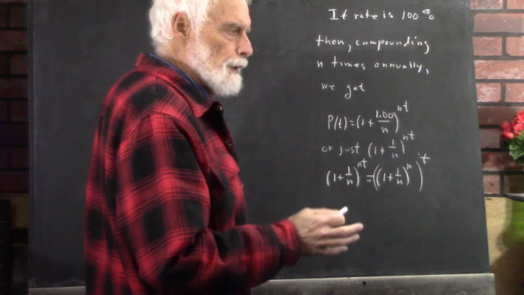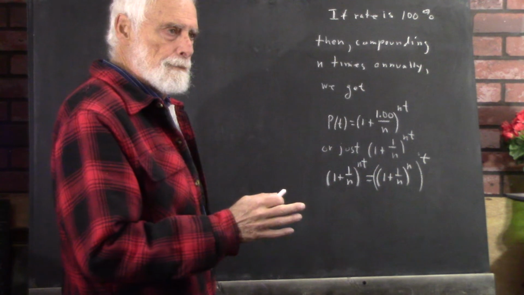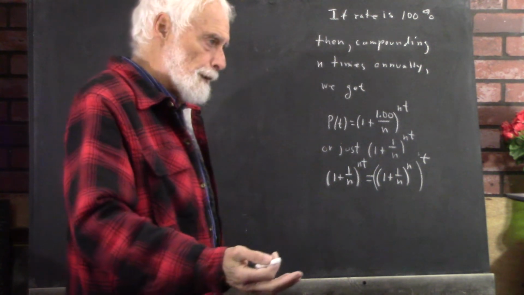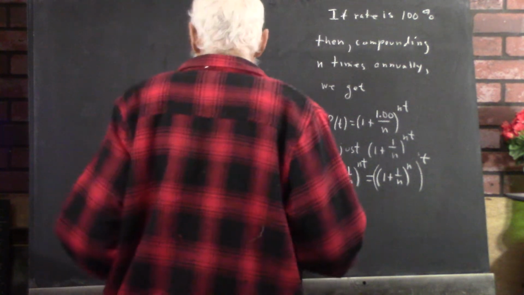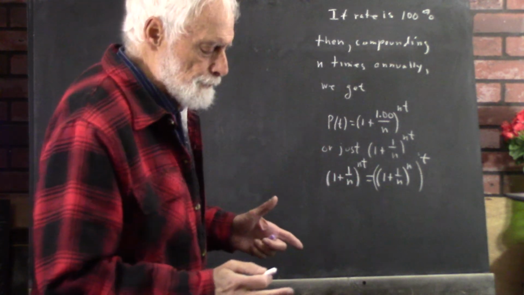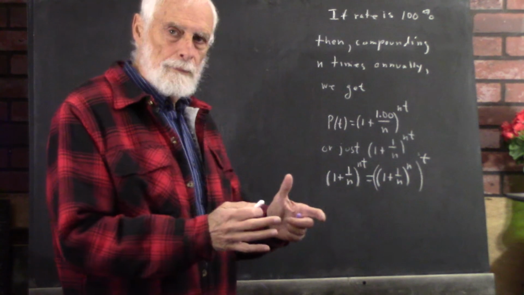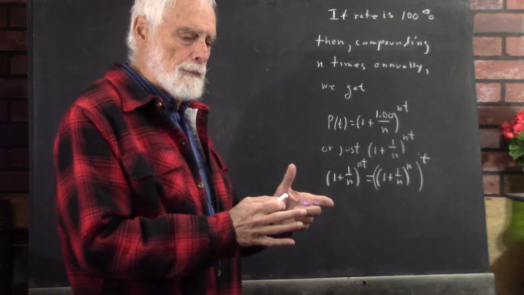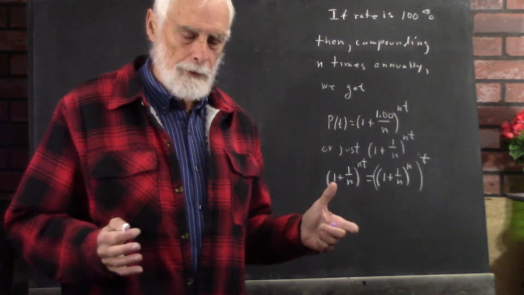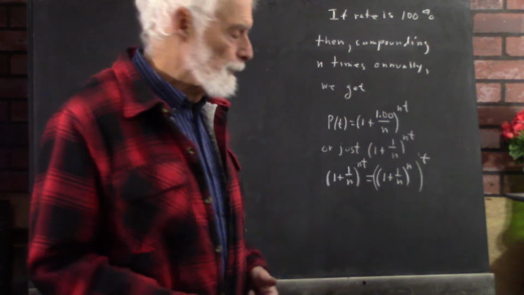The more you compound, the more you get. So if we compound quarterly, we end up with more money than we do if we compound annually with the same interest rate.